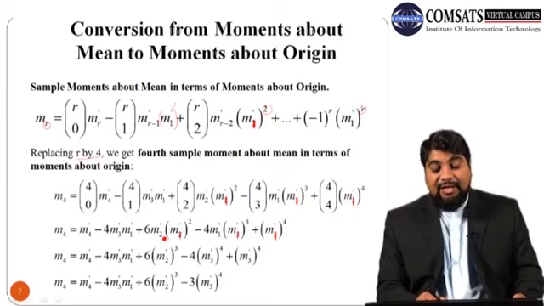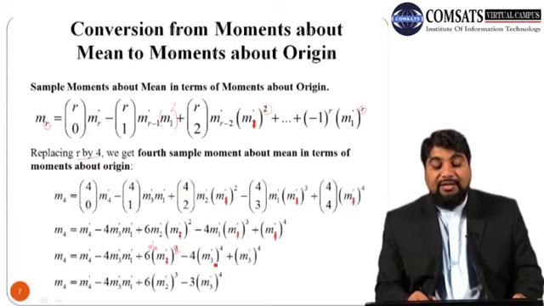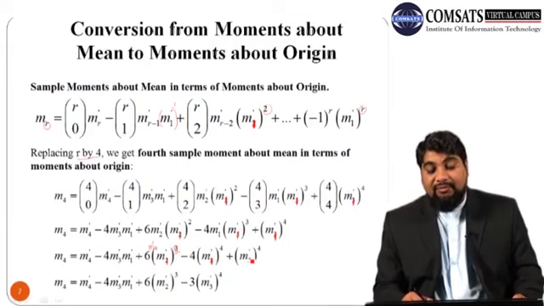Here we have 6 m2 dash m1 dash whole square, and then we can combine these two terms. So minus 4 m1 dash and this m1 dash cube, m1 dash raised to power 1 and cube, we get m1 dash raised to power 4, and here we have m1 dash raised to power 4 as it is.